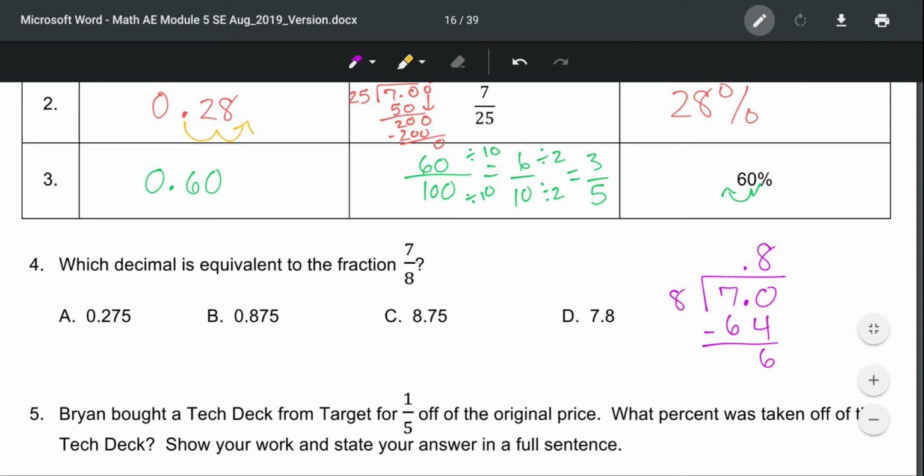Add a 0. Bring it down. So 8 goes into 60 7 times. That's 56. Remainder of 4. Add another 0. Bring it down. 8 goes into 40 5 times. So you get 0.875.